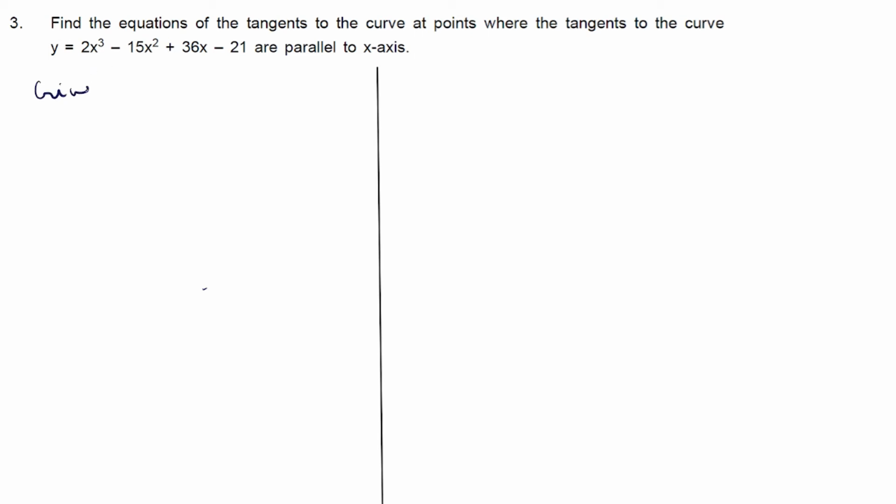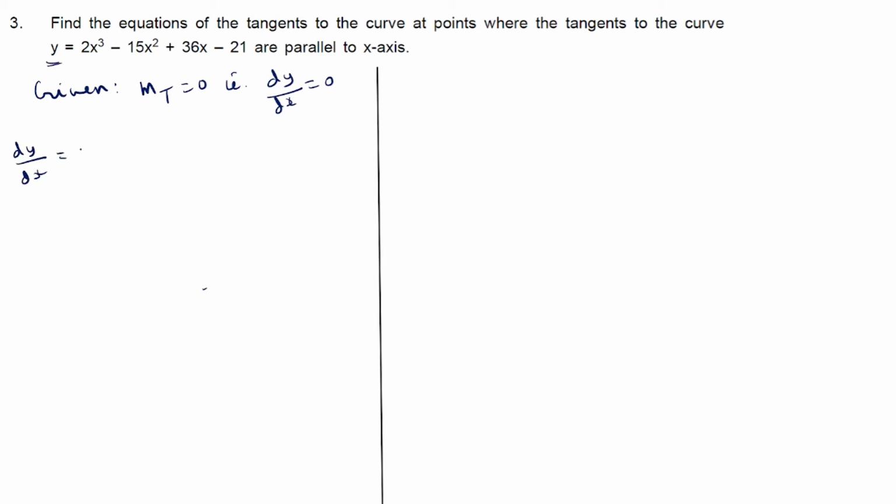So here it is given slope of the tangent m_T is 0. That is dy by dx equal to 0. Now let us differentiate this with respect to x.